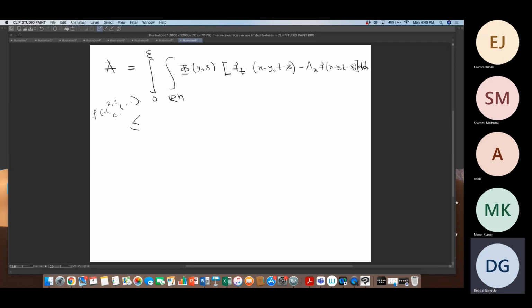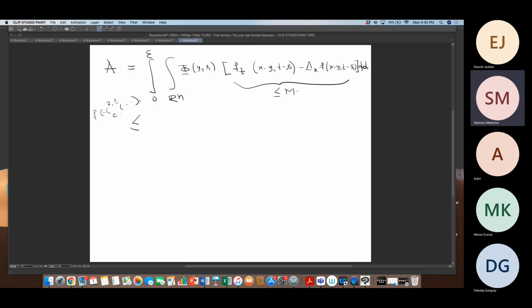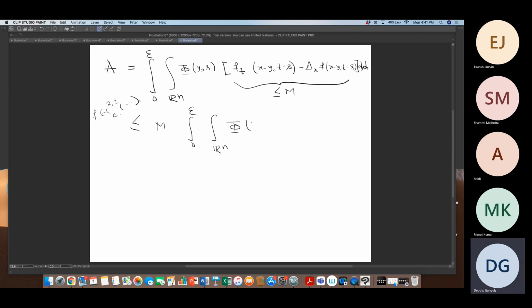So Rn will be replaced by a compact set, and being continuous on a compact set, I can bound it. Take the modulus, so everything is less than or equal to some M times the integral from 0 to epsilon over Rn of p of y, s dy ds.